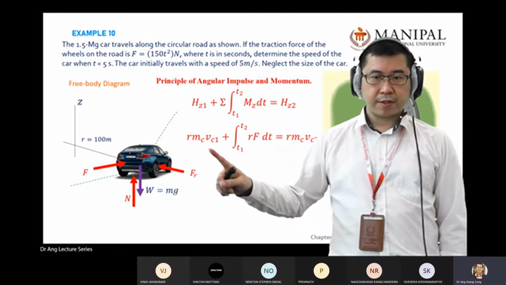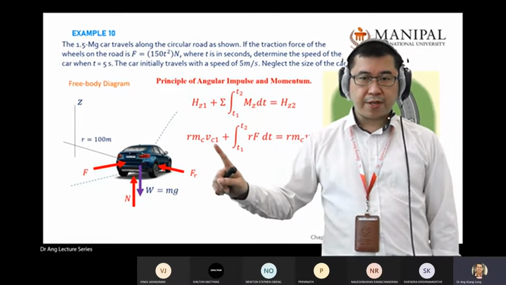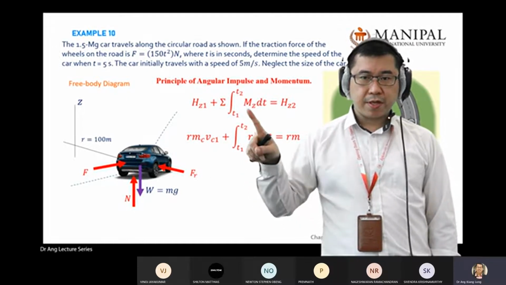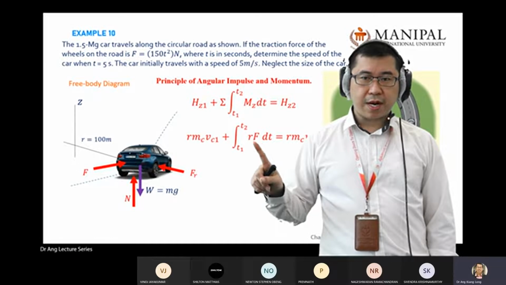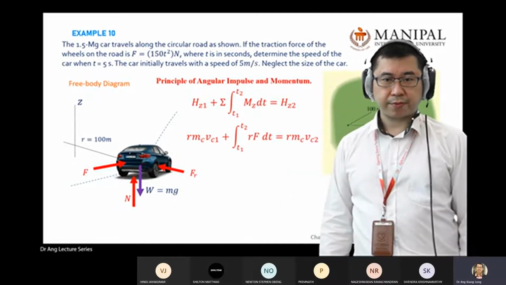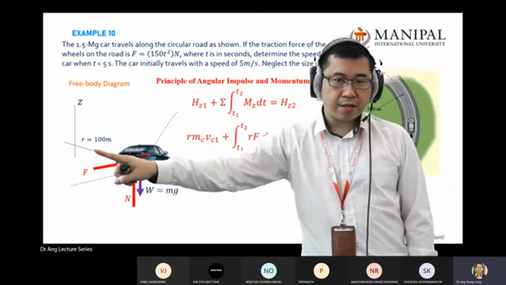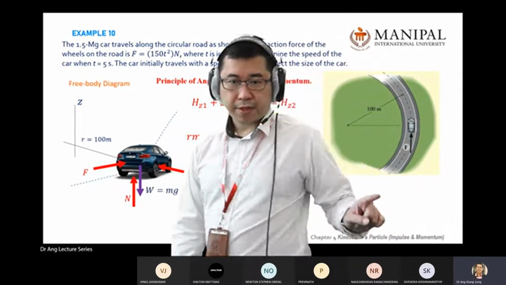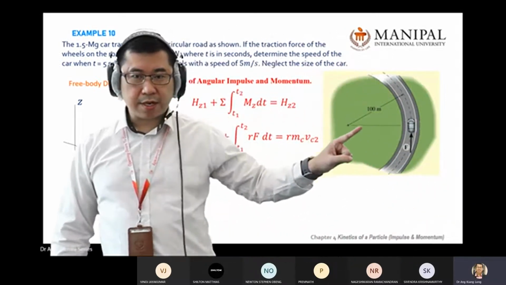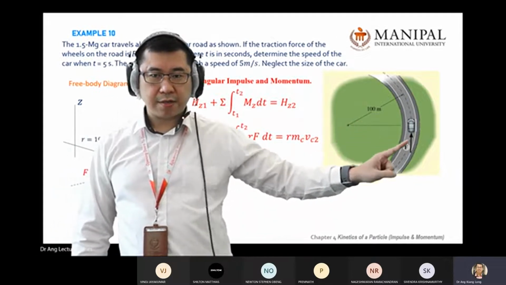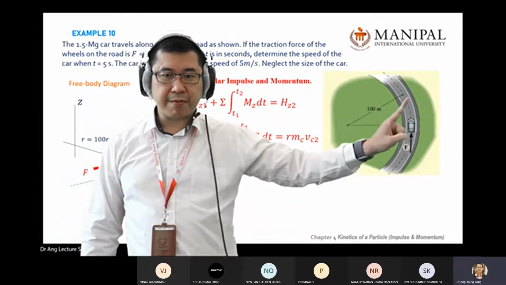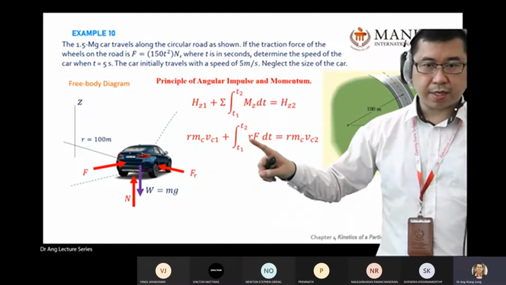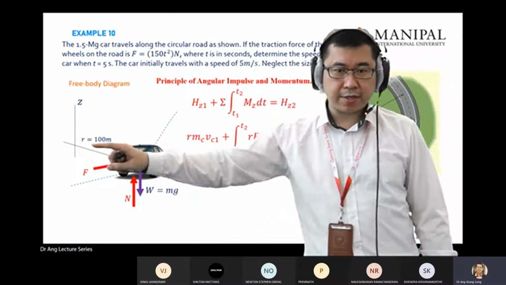So R times MV plus the angular impulse. What is the moment? R times F. R is the distance, and R multiplied by F, you get a moment along the z-axis.